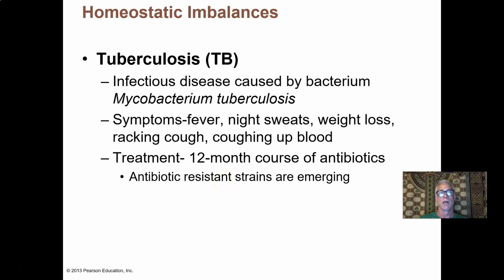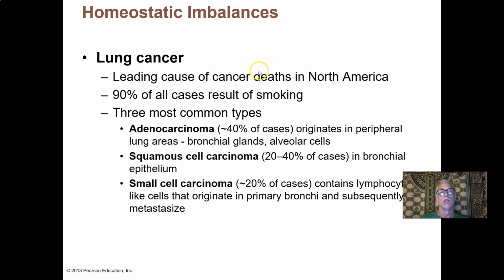So, interesting situation there. Lung cancer. Cancers can arise from virtually any tissue type. In the lungs, there are 3 predominant types of cancers that arise from different types of lung tissues. We have adenocarcinomas that arise from glands. Adeno means of glands, so an adenocarcinoma might be a type of lung cancer.